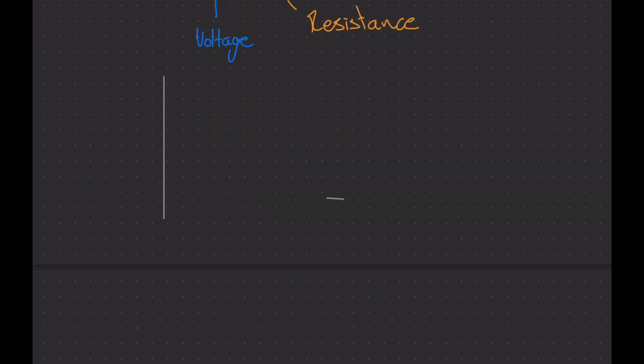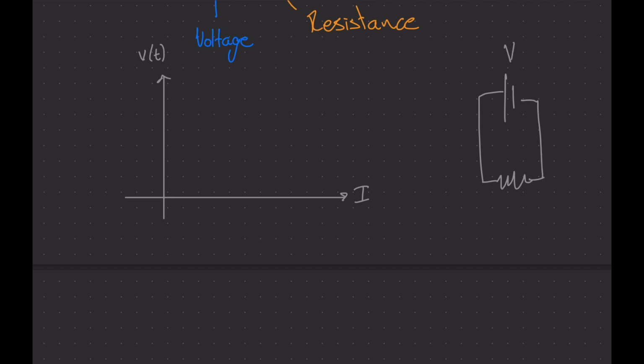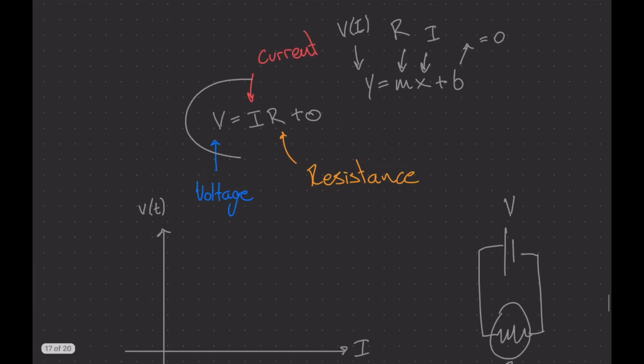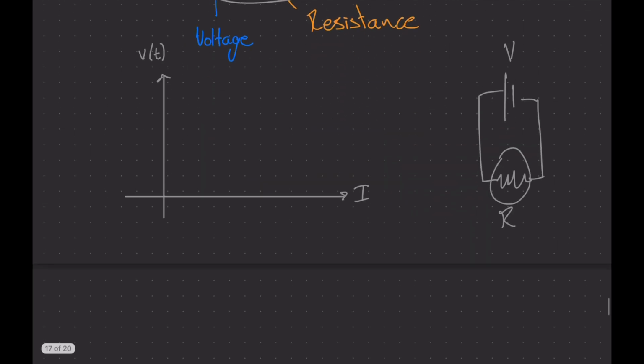If you plot a graph like this, we put current here, and we want to observe what the current does as a function of time. So let's say we have a circuit right here with a resistance and a voltage. This is the resistor R. Ohm's law basically tells you that the current increases in a straight line as you increase the voltage.